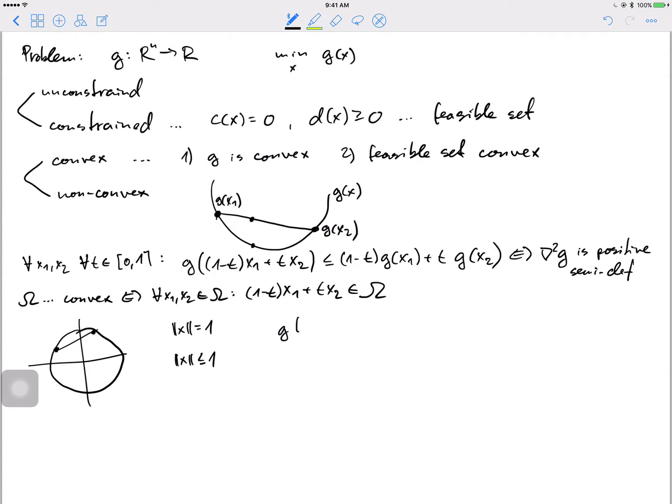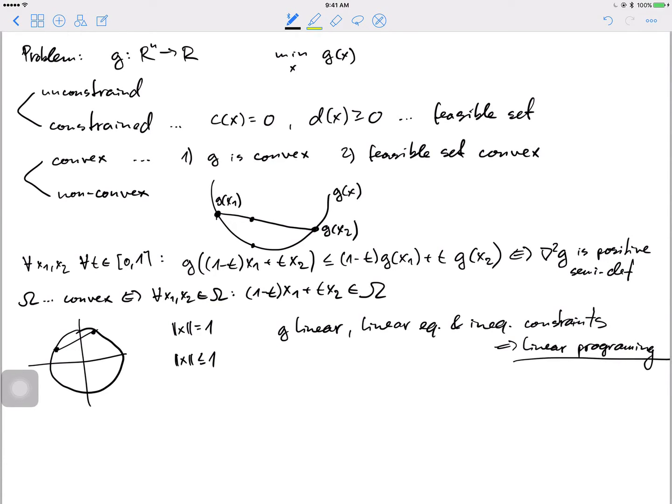For example, if the g, the objective function, is linear, and you have linear equality and inequality constraints, then that case has a name. That's exactly linear programming. So that's a special subtype of convex optimization.